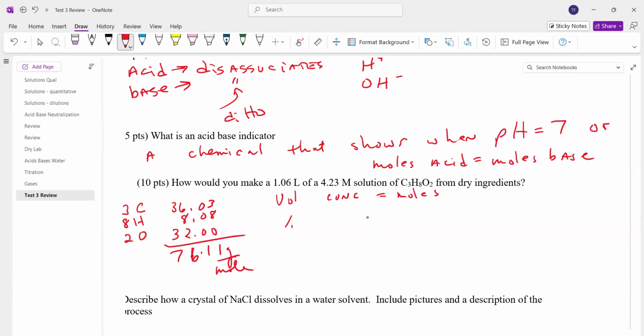That's 106 liters times 4.23. Now we then convert that to grams.